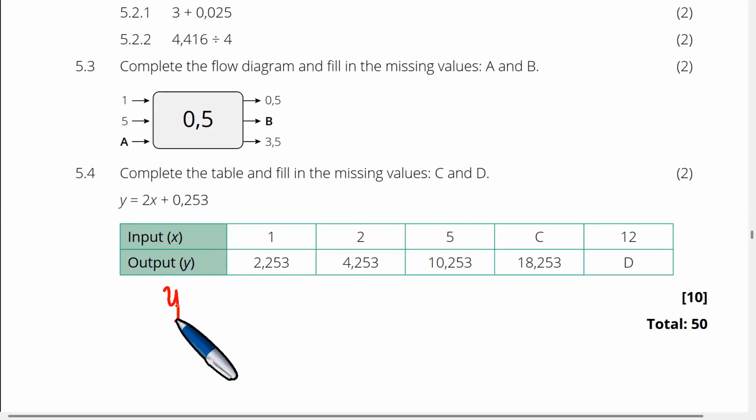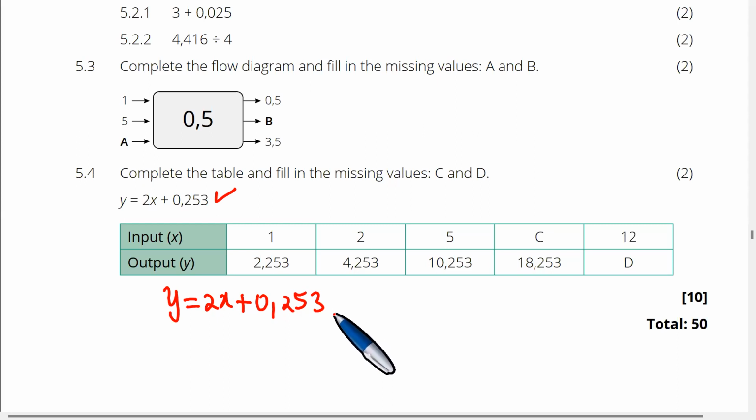Right, so Y, here is the relation. So you write this one. Y is equal to twice X plus 0,253. The input is X, and X therefore is 12. So in the place of X, you put 12. 2 times 12 plus 0,253.